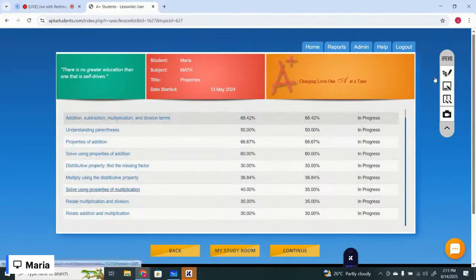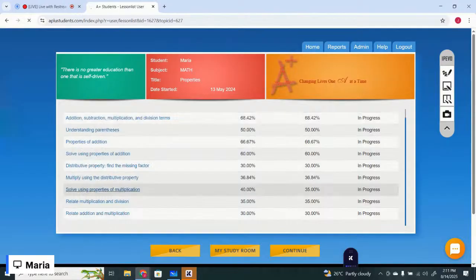The next lesson is solve using properties of multiplication.